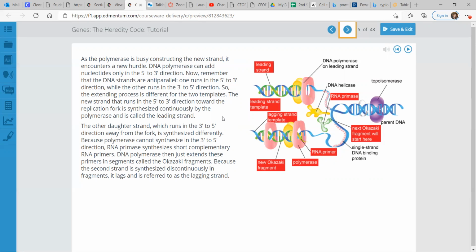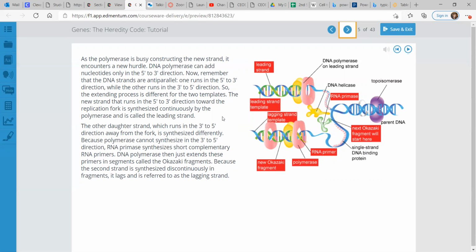The other daughter strand, which runs in the 3' to 5' direction away from the fork, is synthesized differently. Because polymerase cannot synthesize in the 3' to 5' direction, RNA primase synthesizes short complementary RNA primers.